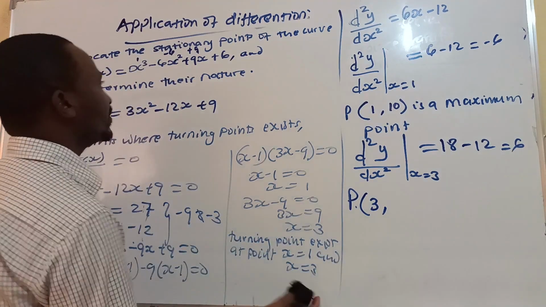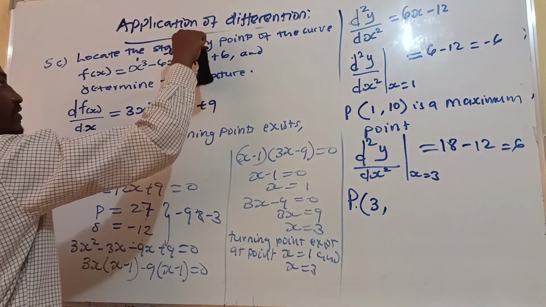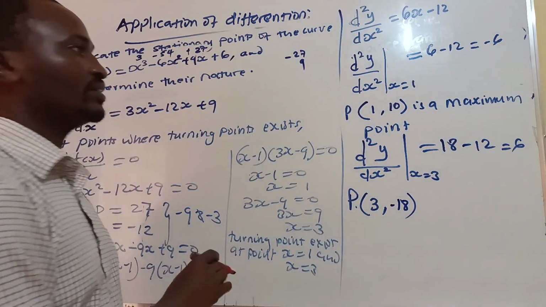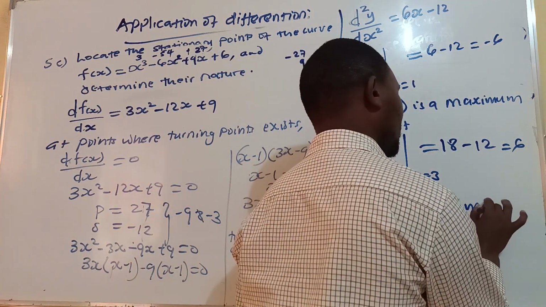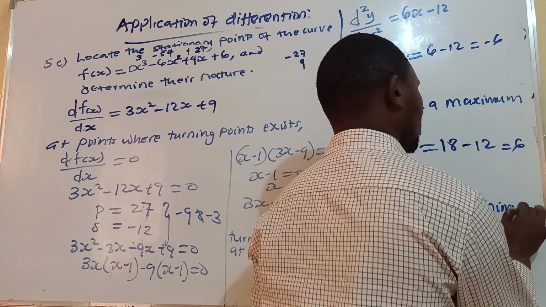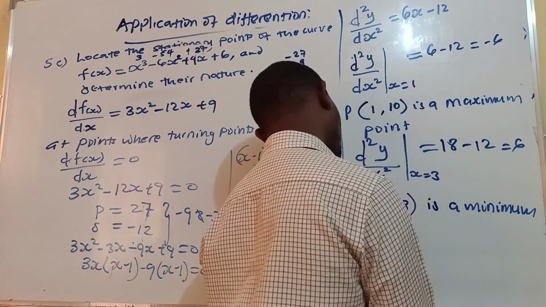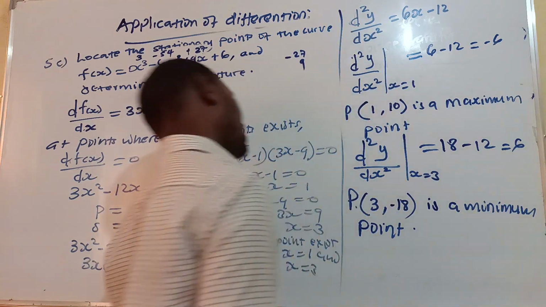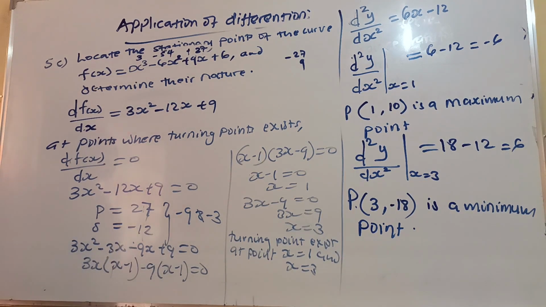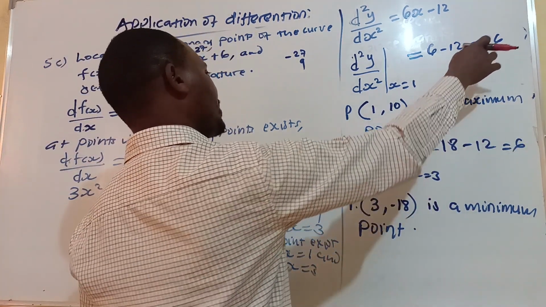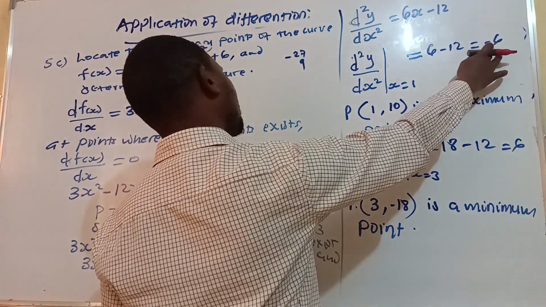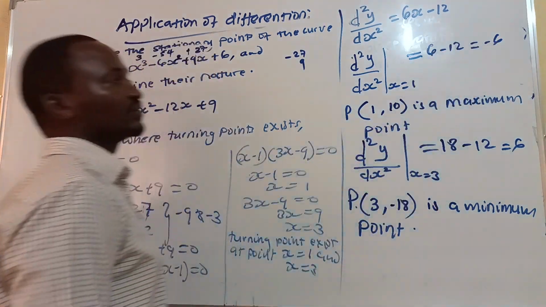You can also get the value of y using this equation. Is a minimum point, because the second order derivative is positive. This one is a maximum point because the second order derivative is negative.